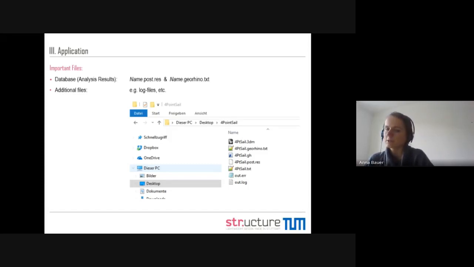Additionally, there are some other files, such as the error file. So if something goes wrong, it should be in this error file. And the log file, which you also see running during the analysis, so you get a shell window with the log file. But if you can see everything in the log file, you can have a look at it again and analyze what was happening during the analysis.